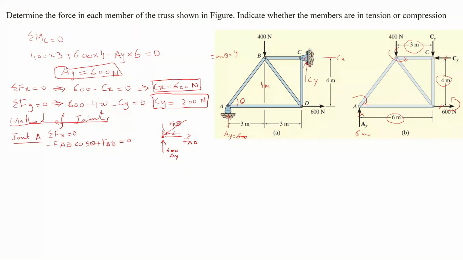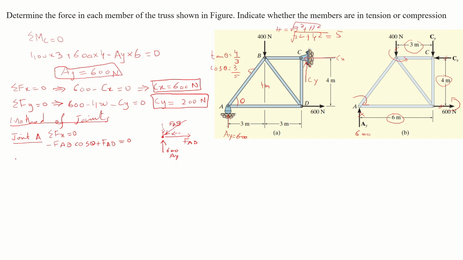So 4 by 3, and so cos theta is equal to 3 by 5. We have two unknowns in this equation, so we cannot solve it right now, but we can solve it later.